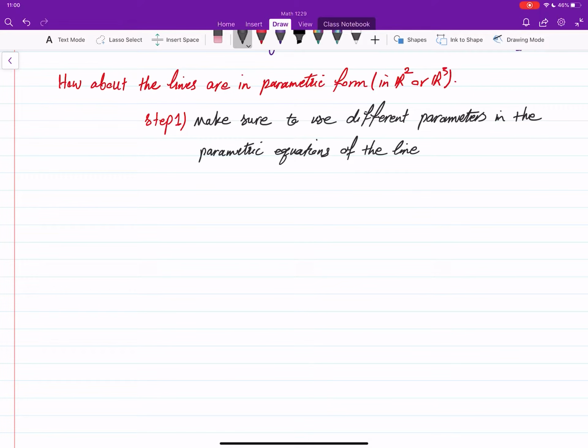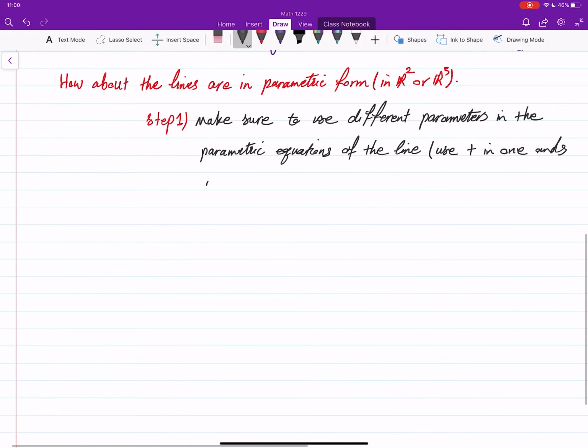So use, for example, t in one and s in the other one. Why? Because the way the lines are parameterized by these parameters might be a completely different thing. One can go fast, the other one can go slow, so they don't need to be the same. What needs to be the same at the intersection point is that the coordinates of that point should satisfy both equations.